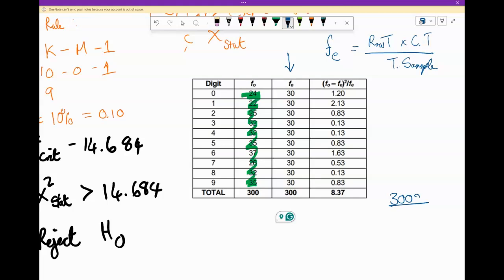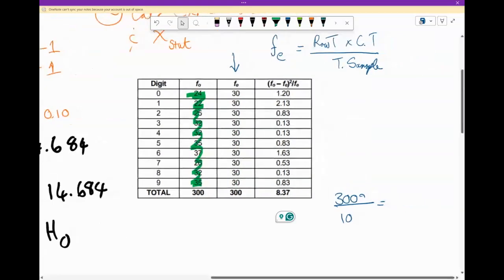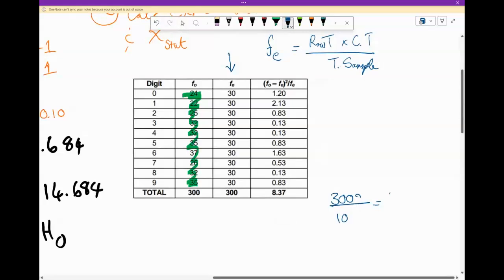So basically each should have been selected 30 times by those in the sample, because each one has an equal chance. This is why all of these values are the same. The expectation is the same. We're saying equal likelihood.